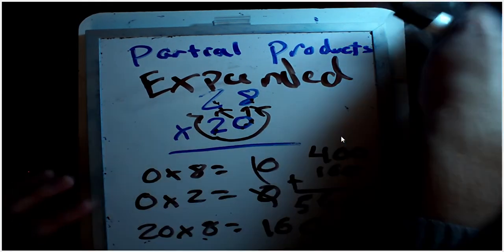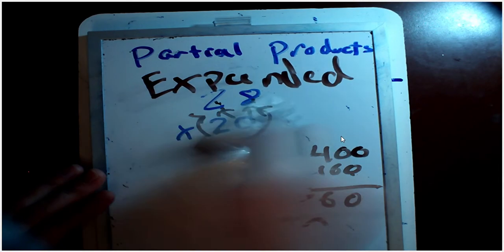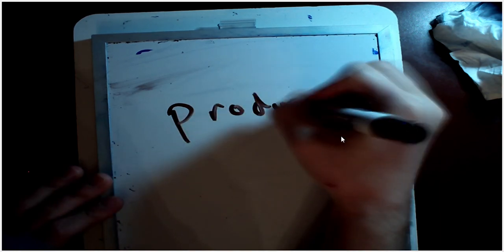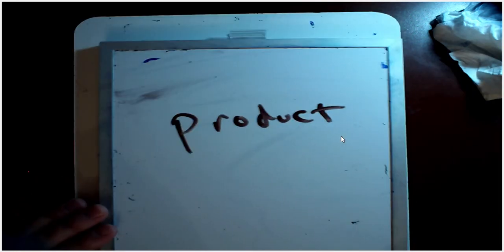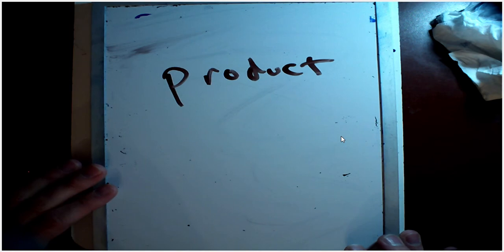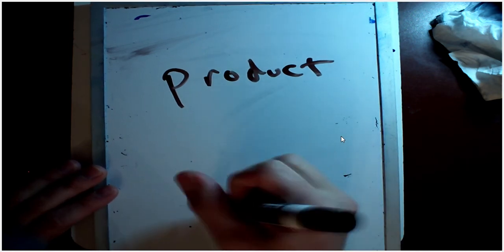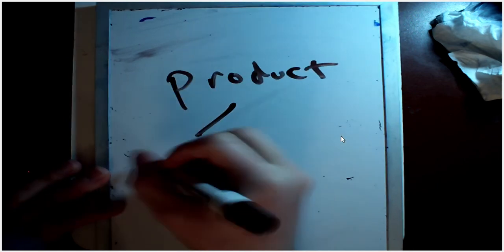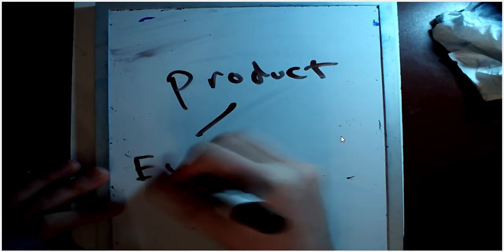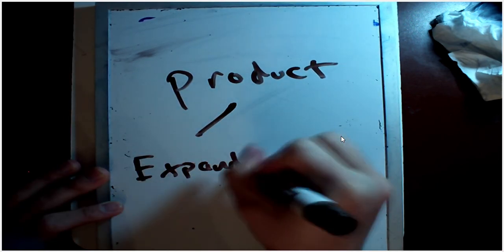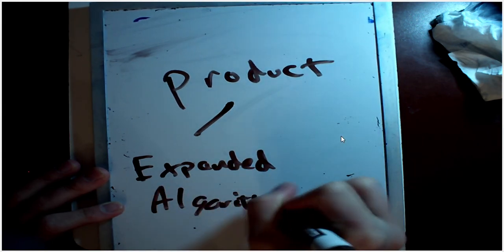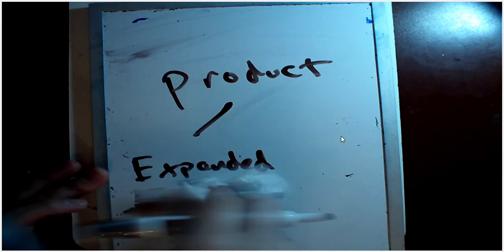So today, your mission is to just get the correct product or answer to the multiplication problem. I don't care how you get there. You know, your map might take you in the direction of the expanded algorithm.